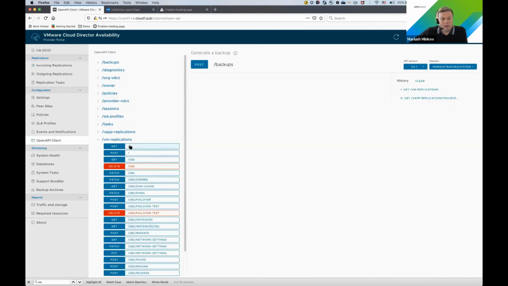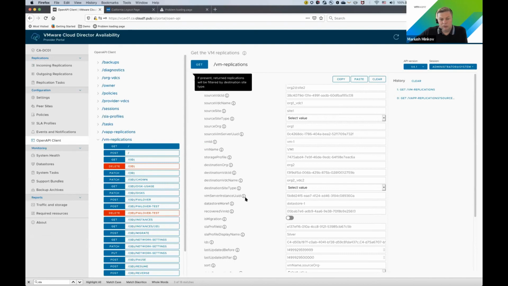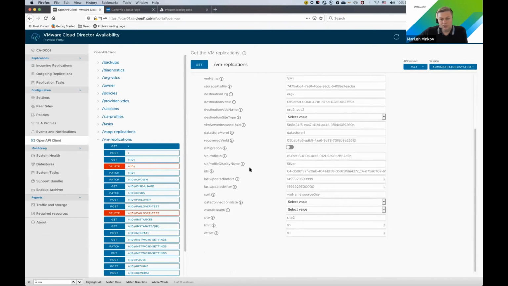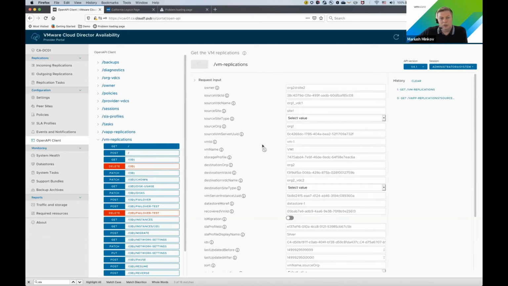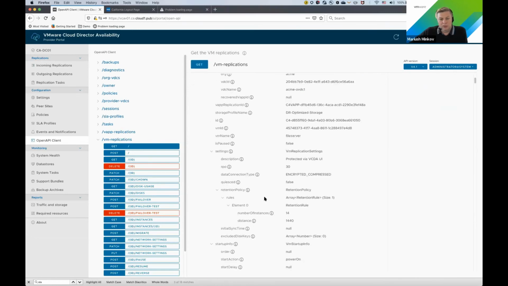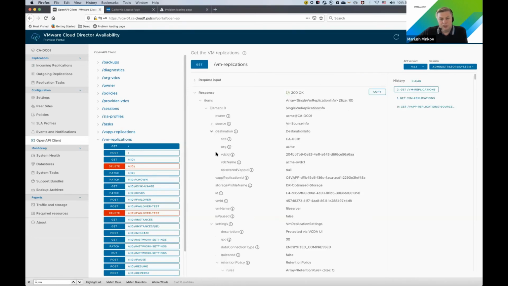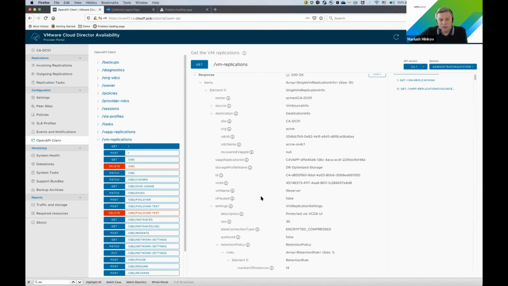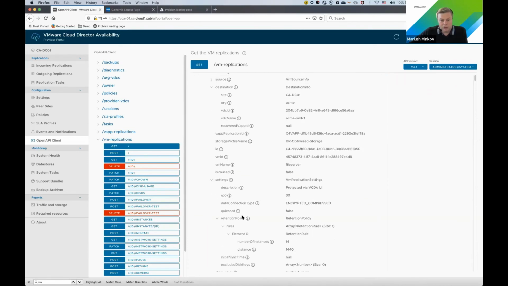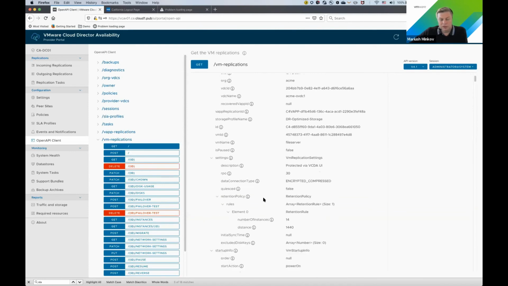It is available here, and it really allows us to do a lot of stuff and get a lot of helpful information. So a simple GET request would give us exactly the information that is needed to build these UI screens. And here we can see all the details about the replication that we have in the system, like information about the destination, the SLA profiles, the retention policy that is configured, the storage profile, pretty much everything.